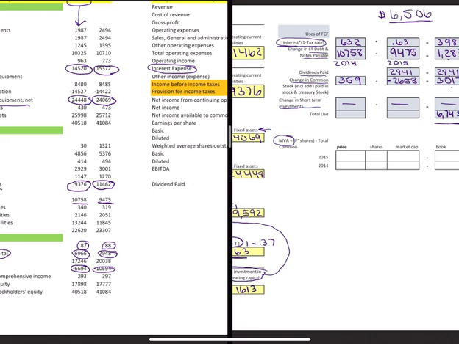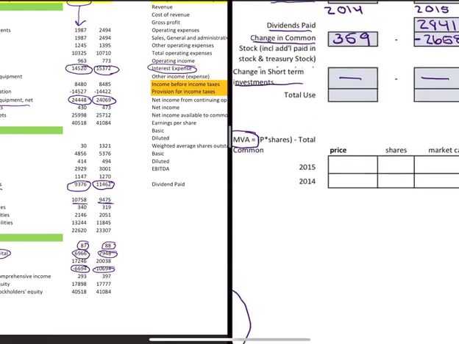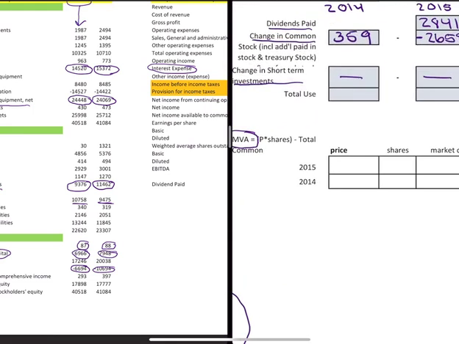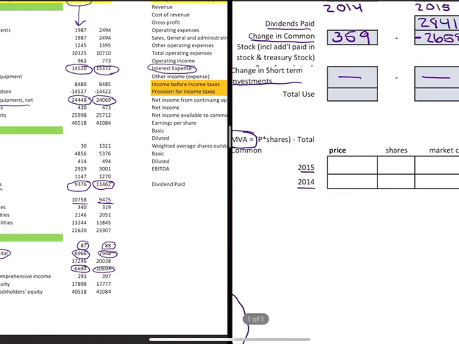So to find this, the first thing is that you will be given the price of their stock. Okay, so the price for these, we need to calculate 2015 and 2014. So the price in 2015 was $124 per share, and the price in 2014 was $115 per share.